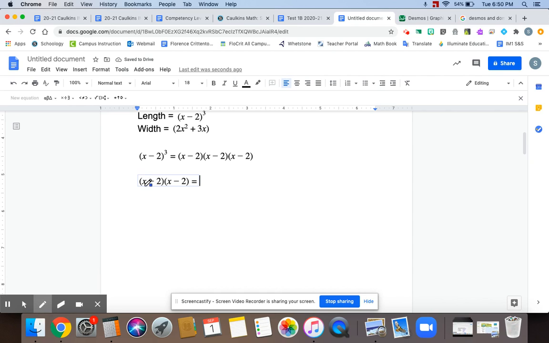First, I'm going to take this first term, this x, and multiply it to the first one in the next parentheses. And x times x is x squared. Next, I'm going to take that same x and multiply it to the next term in my parentheses, which is -2. And -2 times x is -2x.